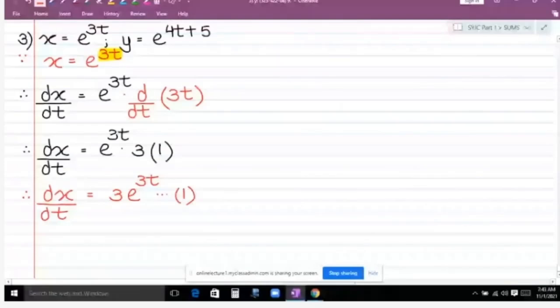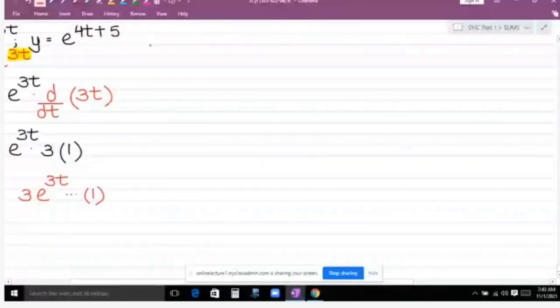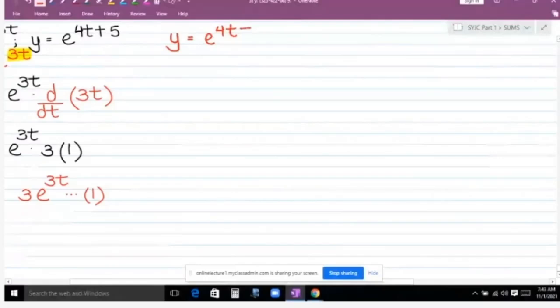Next, with respect to y, tell me what y is equal to. y is equal to e raised to 4t plus 5.